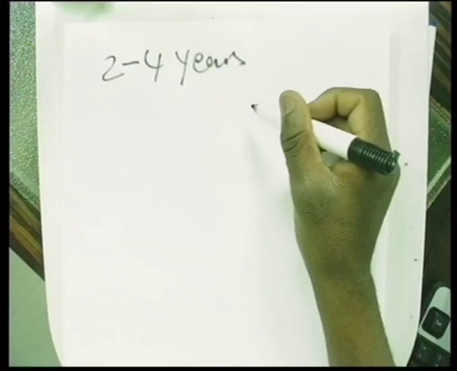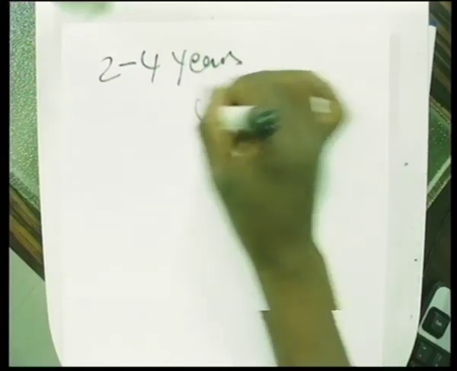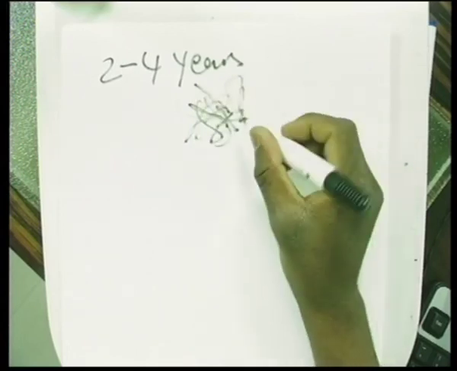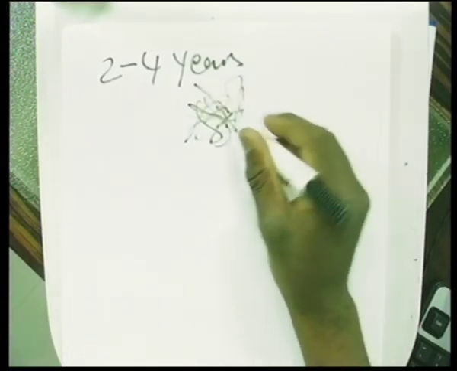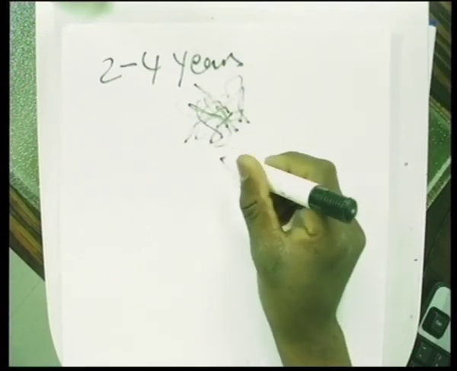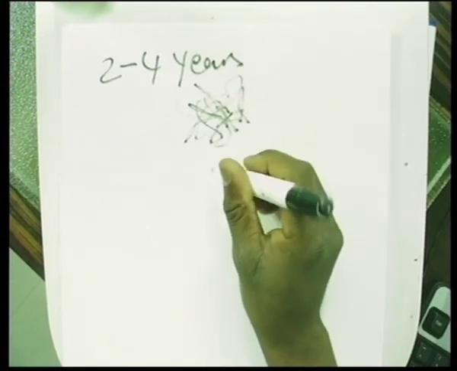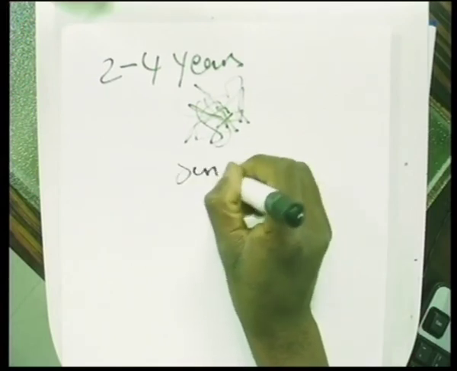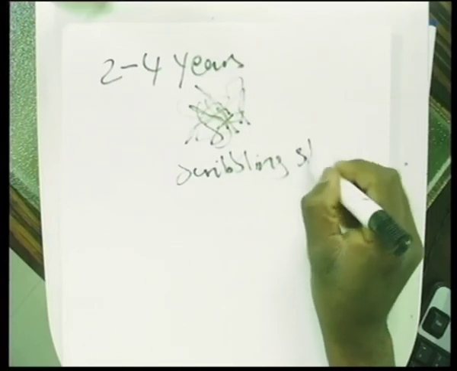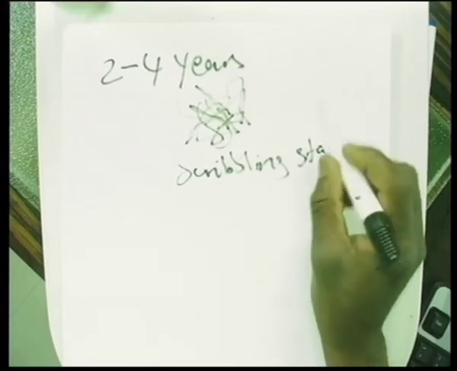Here, the scribbling. This is when you give a child a pen, and that is what you see. You want to see what is being expressed there. So this is the scribbling stage, which is stage 1.